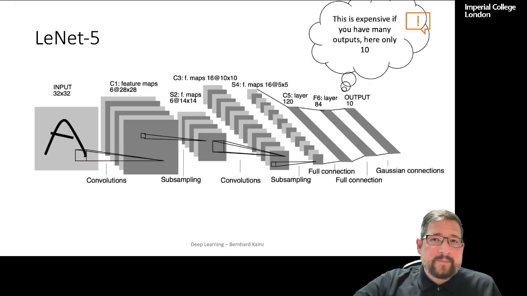Now, the problem with LeNet is that these fully connected layers here are very expensive and basically prevent this from scaling to problems like images or problems defined by large image data sets like ImageNet. And ImageNet has perhaps 1,000 different classes, and the fully connected layers become a computational bottleneck for many, many classes.